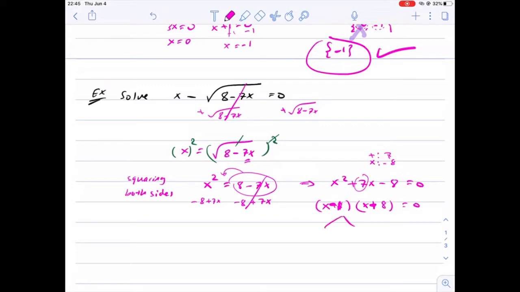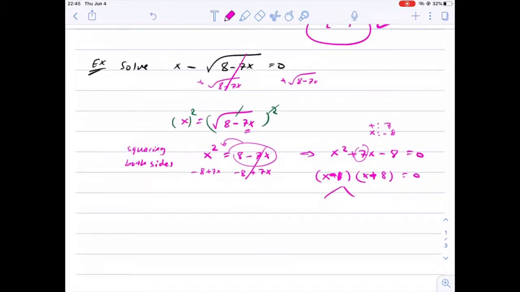Now, using the zero factor property, we have either x minus 1 equals 0 or x plus 8 equals 0. That gives us x equals 1 and x equals -8. So we have the solution set that consists of 1 and -8.